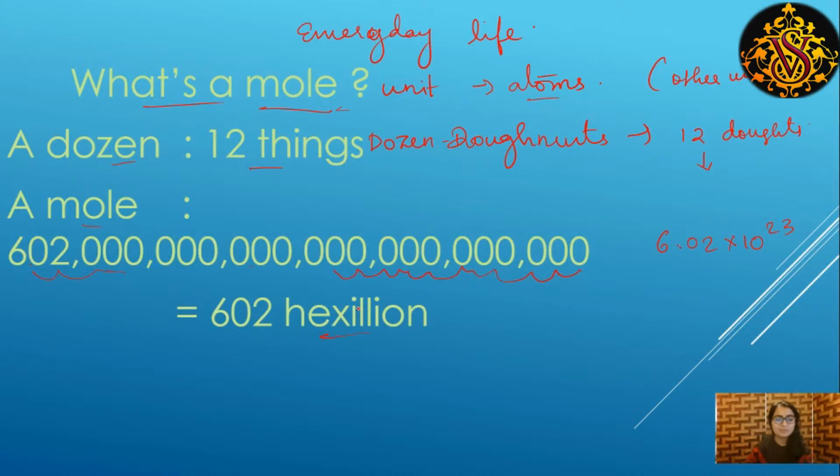Clear? By definition, 1 mole of carbon-12 has 12 grams, and it contains 6.02 into 10 to the power 23 carbon atoms.